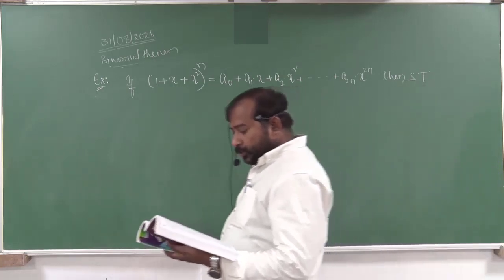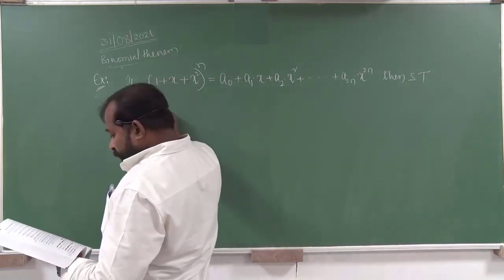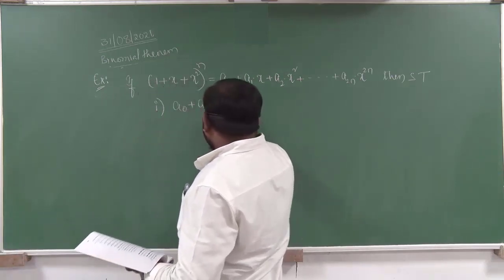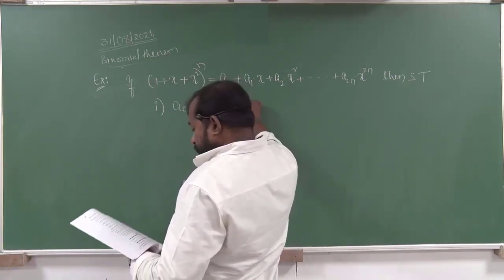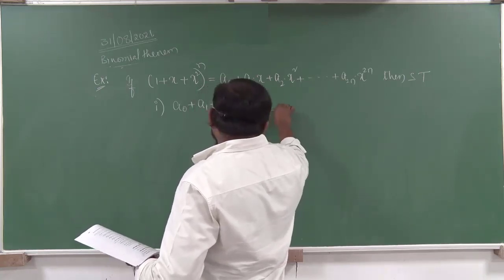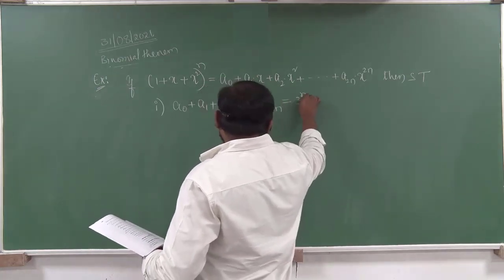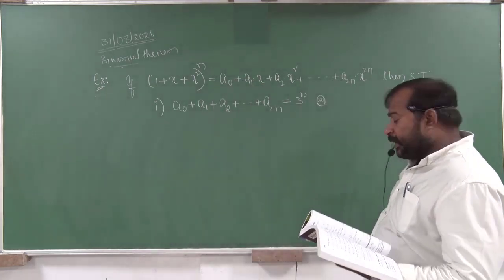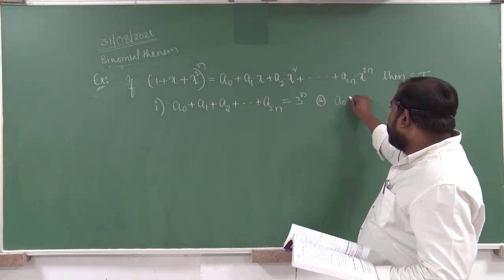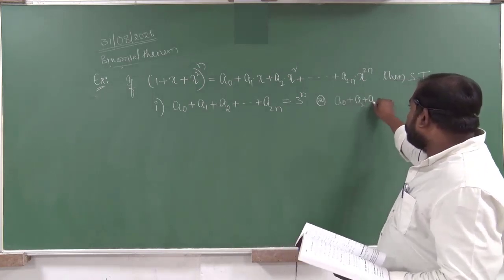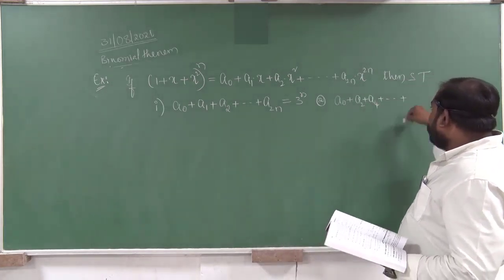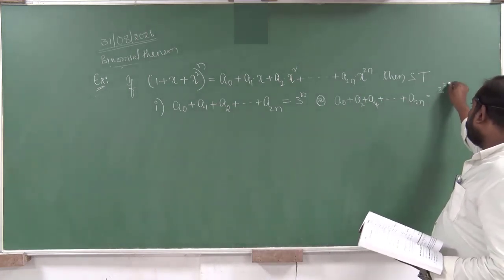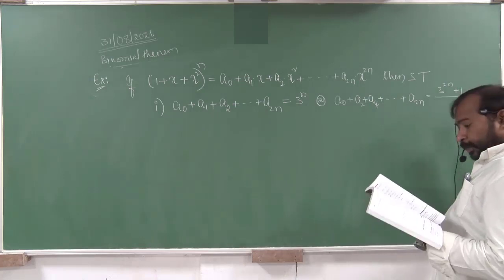first, a naught plus a1 plus a2 plus and so on up to a2n is equal to 3 power n. This is the first example. The second: a naught plus a2 plus a4 plus and so on plus a2n is equal to (3 power n plus 1) by 2.